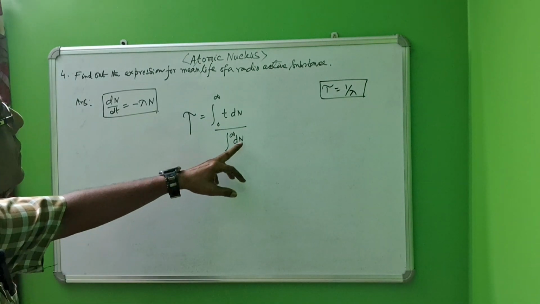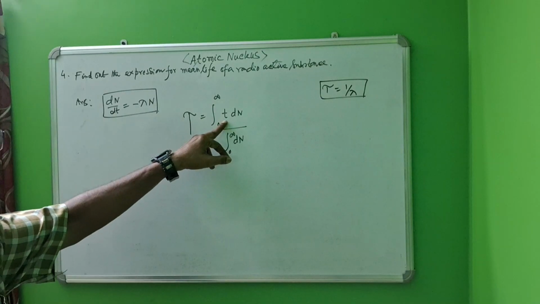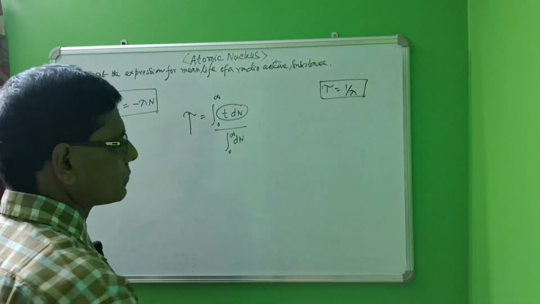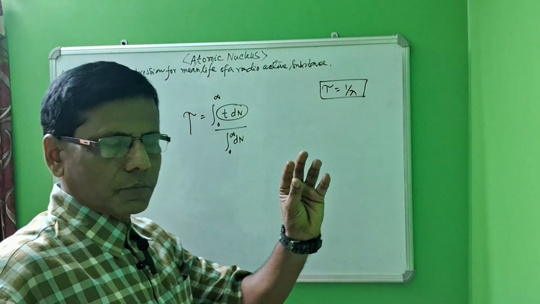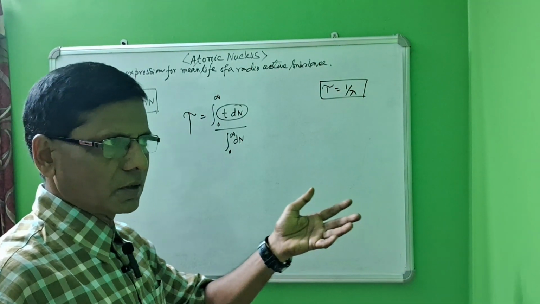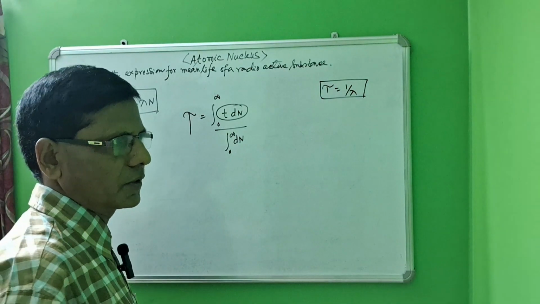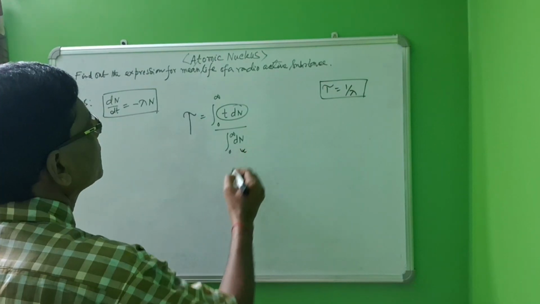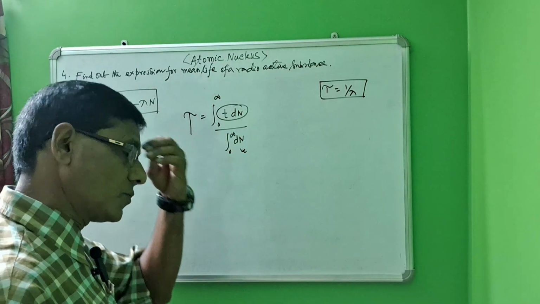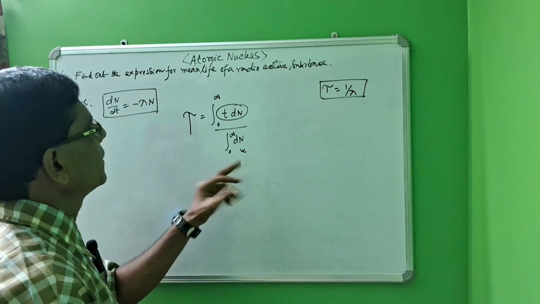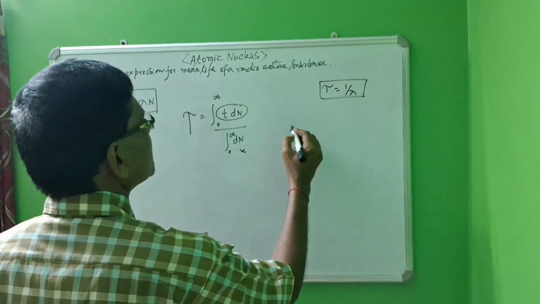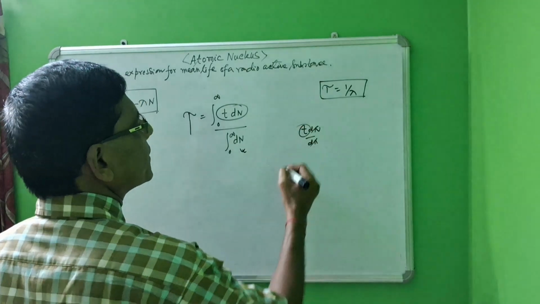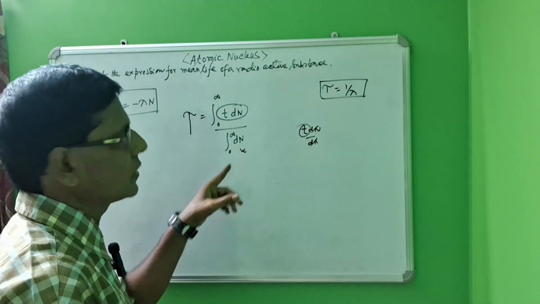Why this? Because we are going to find the average time. So t dN equals the number of disintegration at time t, and dN is the total number of disintegration. From this we get t dN upon dN, we cut out, we get t. So we get the average value in this way.